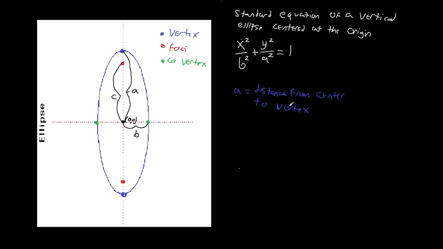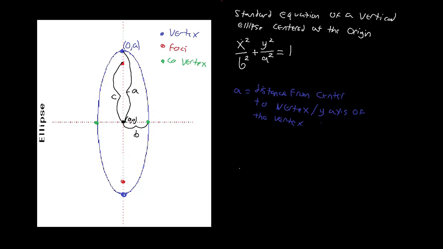But here's the key difference. Now, instead of the vertex being a comma 0, the vertex is now going to be 0 comma a. A now represents the y-coordinate of the vertex.